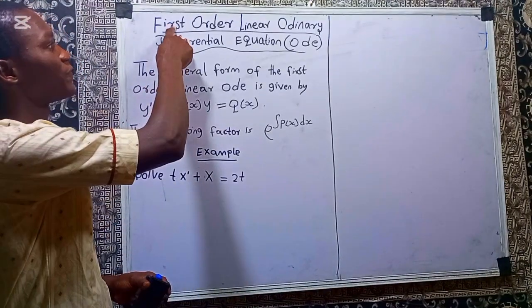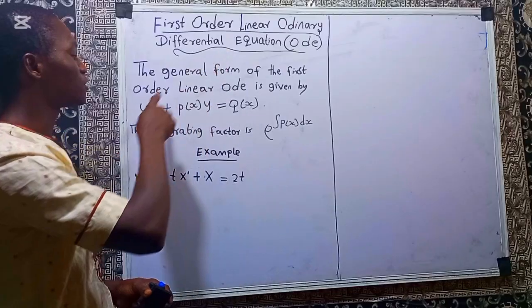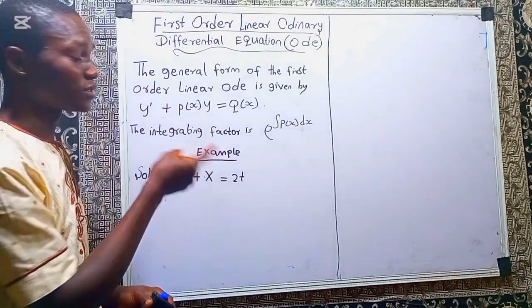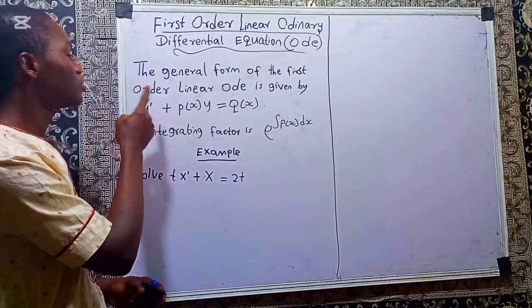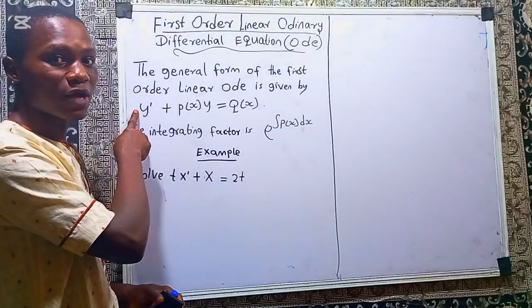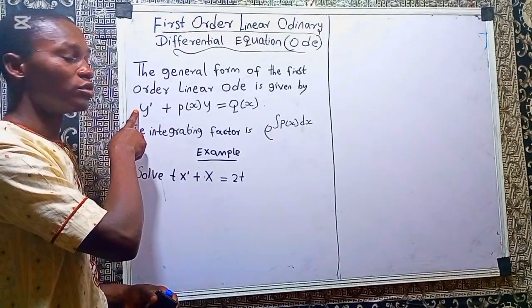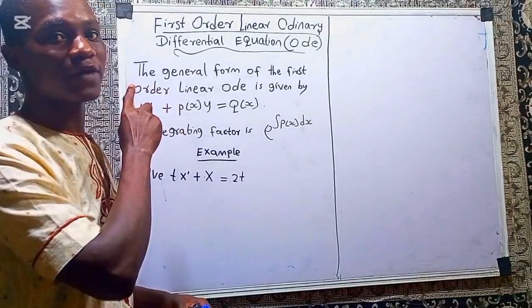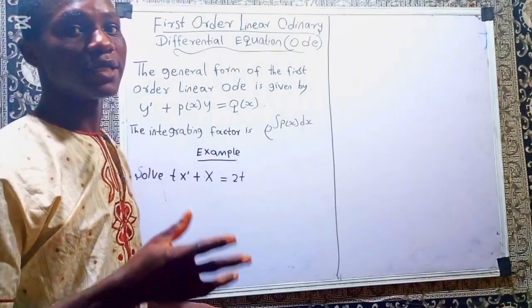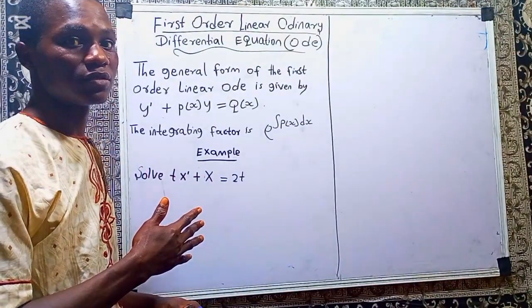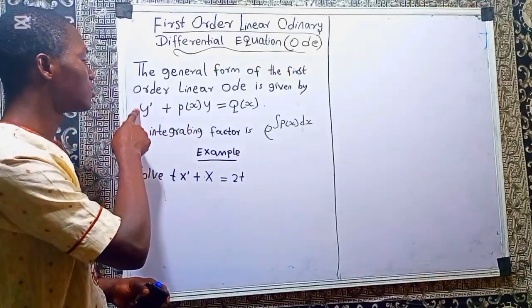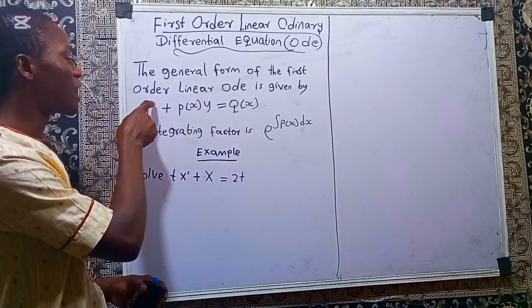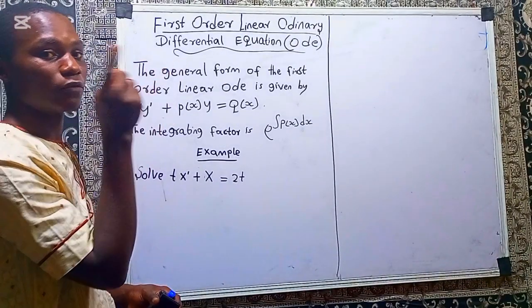Remember, we are talking about first order linear ODE, so the highest derivative we should see is just the first derivative. The coefficient of the term having the first derivative should be 1. If it is not 1, you divide the ODE by the coefficient, so that the coefficient of the term having the derivative sign will be 1.